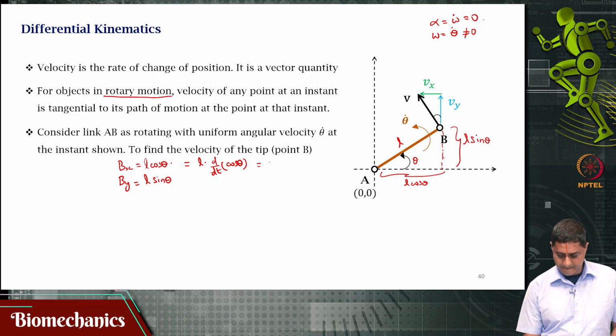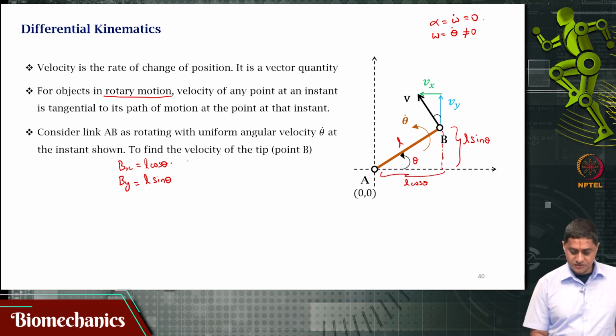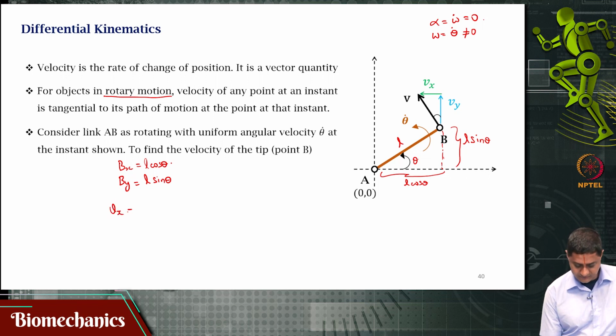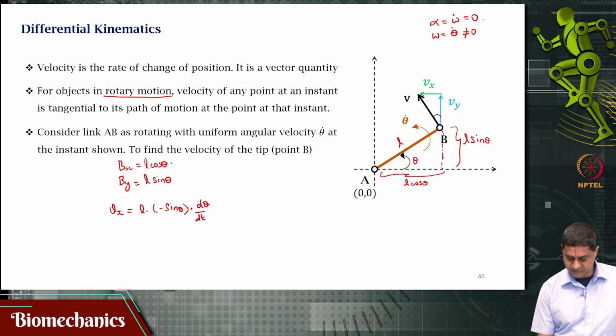This would be L times minus sin theta. Oh, no, this is not correct. Let me formulate it again because it simply says Vx. Okay, let me write this out. So, then the velocity Vx would be L times the differential of cos theta, that would be minus sin theta times d theta by dt, is it not?